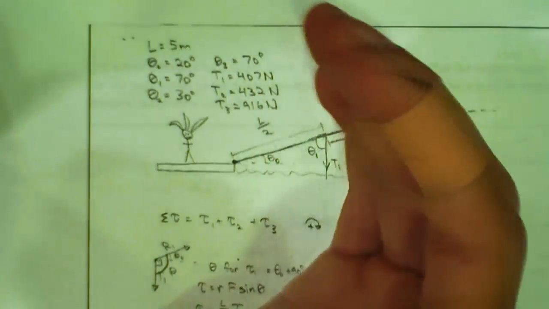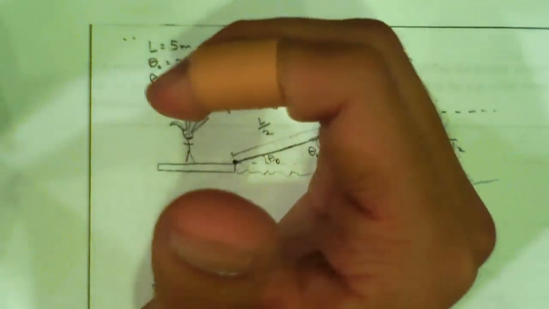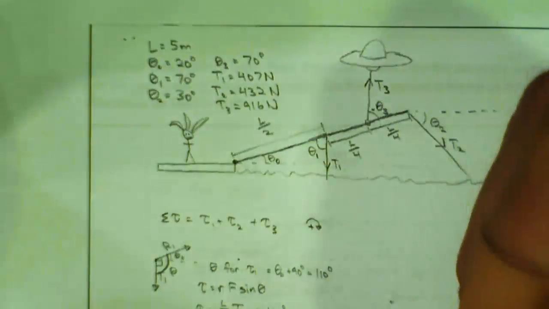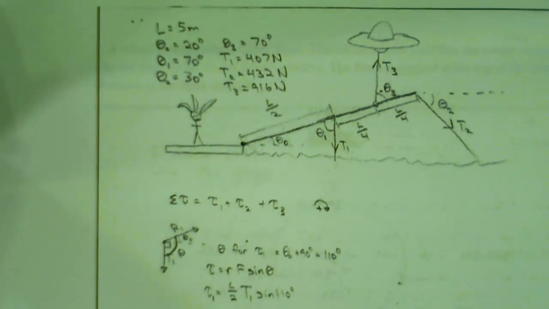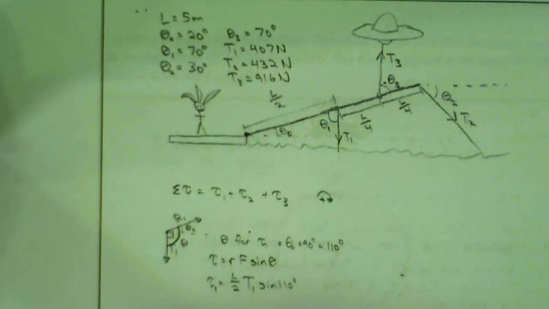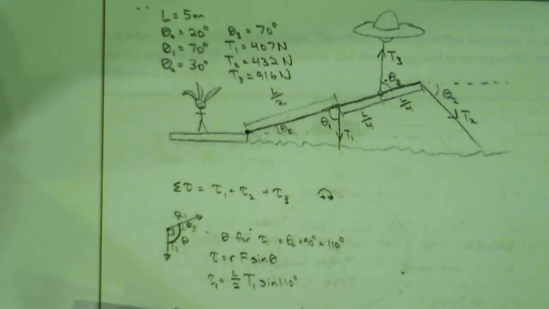So we're going to put our fingers curling like this, and then your thumb points in the direction of the torque vector. So if we do that, the torque vector is actually pointed outside of the page. So it's coming out of the page. Does everyone see that? Any questions on how to use that right-hand rule?